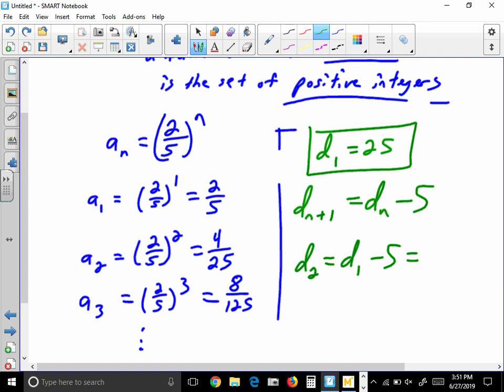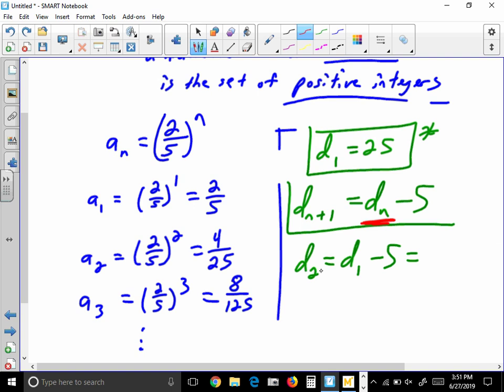Now, for recursively defined sequences, we have to be told the starting point, since all other terms in the sequence are defined based on the previous step. So we have to know what that previous step is. If we never know the starting point, we can't tell you what the following values are.